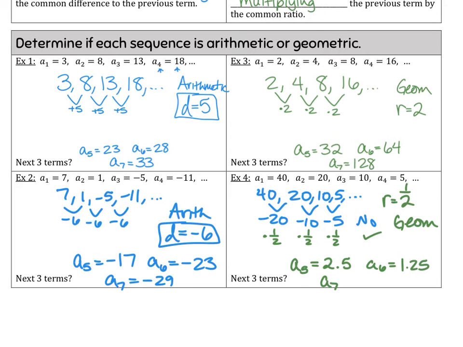And then A sub 7 is 1.25 divided by 2. Isn't it 0.625? Oh my gosh, check my math. Is 1.25 divided by 2 .625? Oh, yes. Okay, so we're good to go. You're right. Thank you.